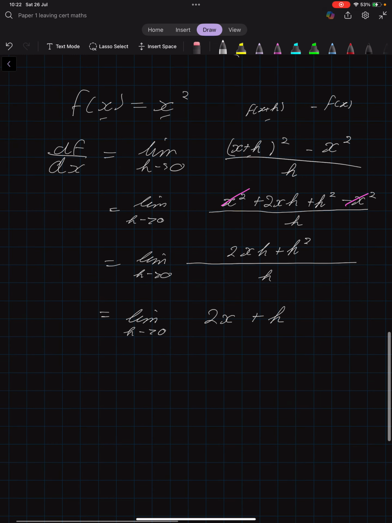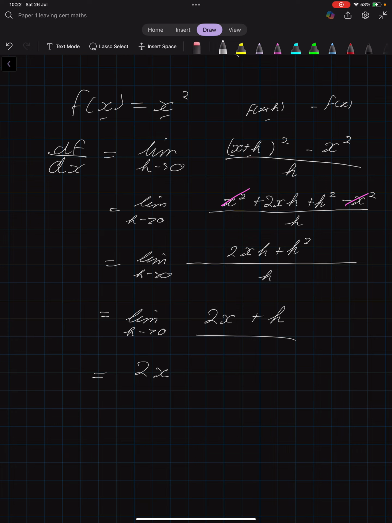So now, the limit as h goes to 0 of this thing, so if I let h get really tiny, I'm basically just left with 2x. So this is the very important distinction, and please listen to what I'm saying. I'm not saying h is 0. I'm not saying that for a second.